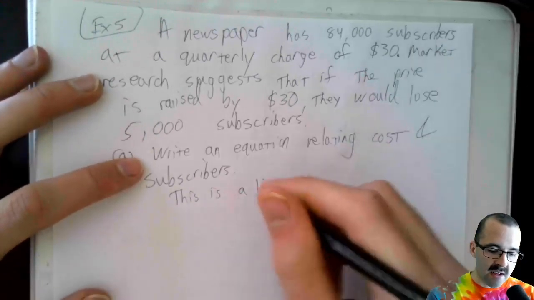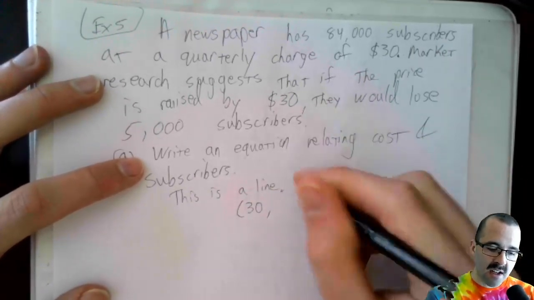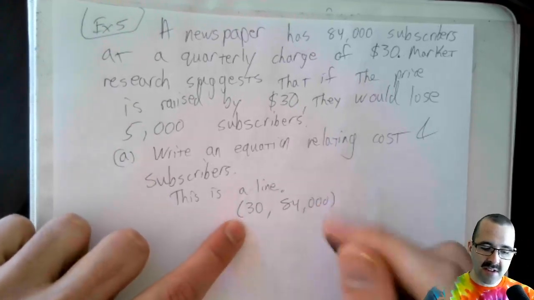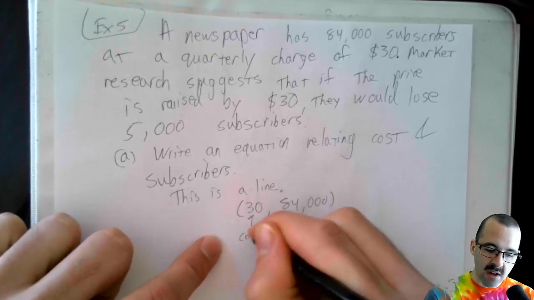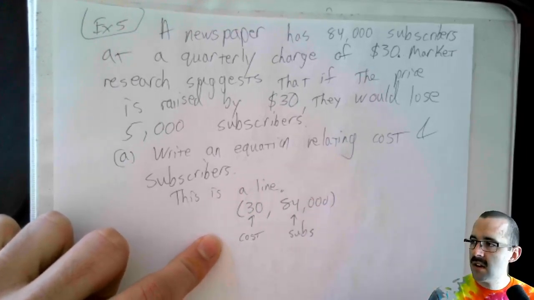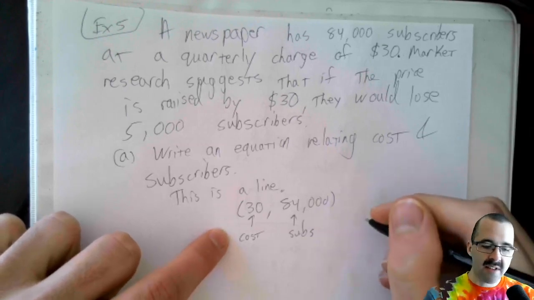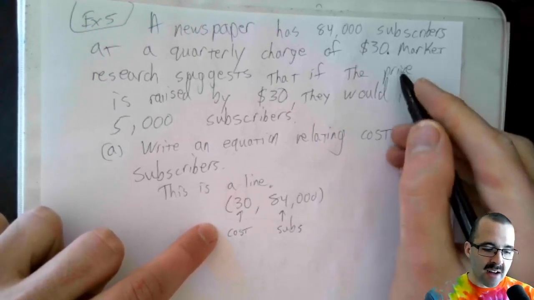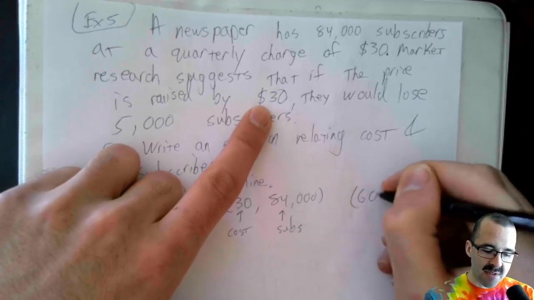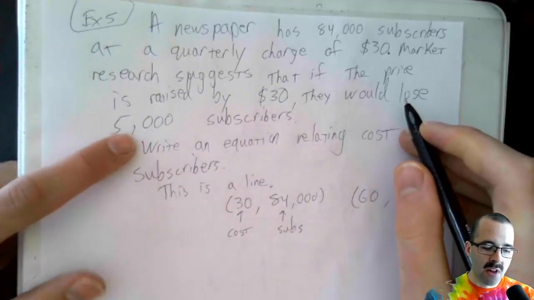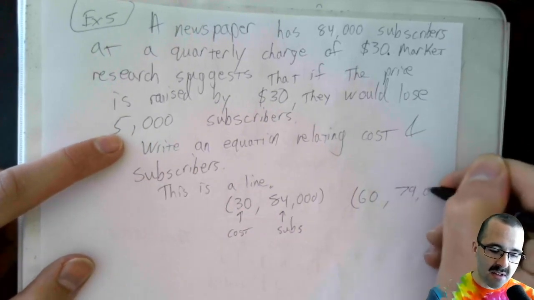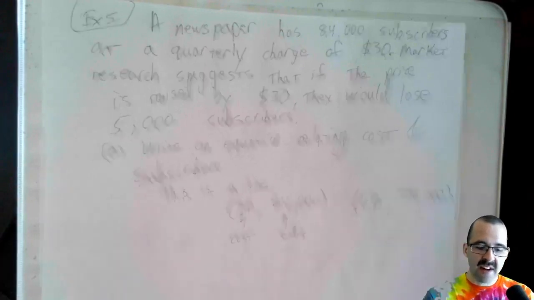If a cost of 30 means that we have 84,000 subscribers, this is our current situation. I'll abbreviate subscribers as subs. And we have another point on this line as well. If the price is raised by 30, so that means it becomes $60, they would lose 5,000 subscribers. So we'd have 79,000.